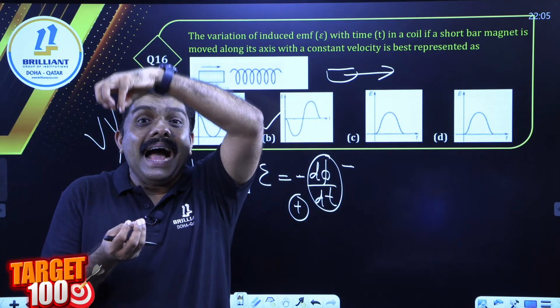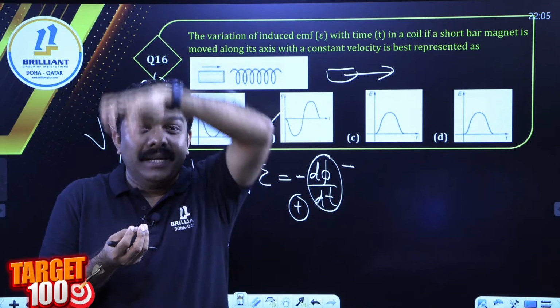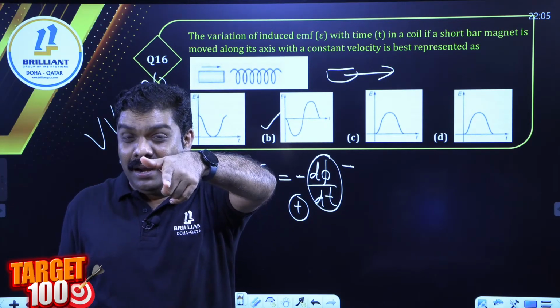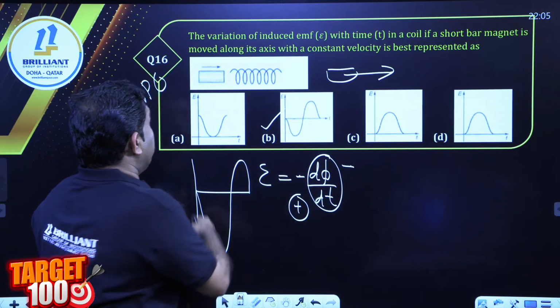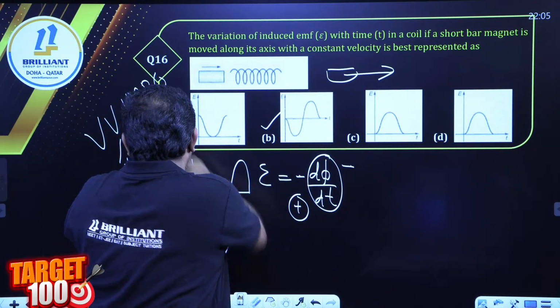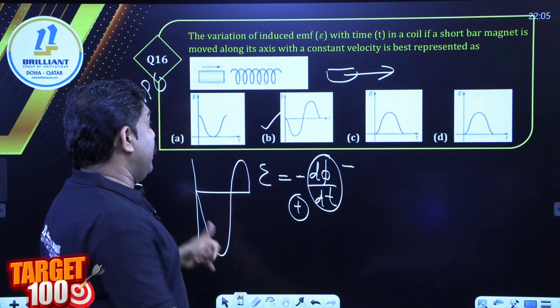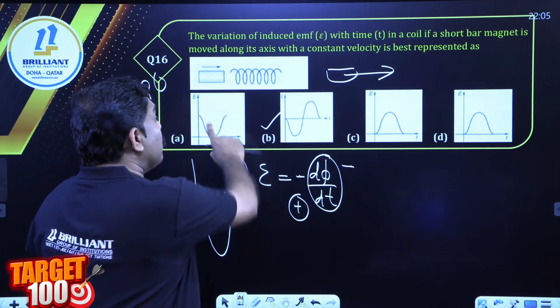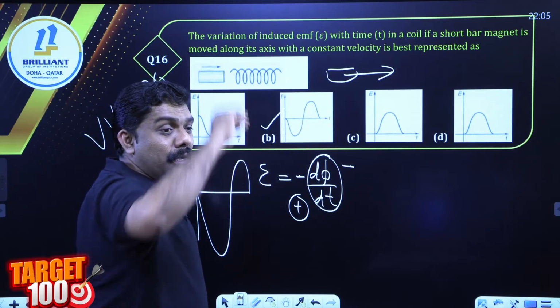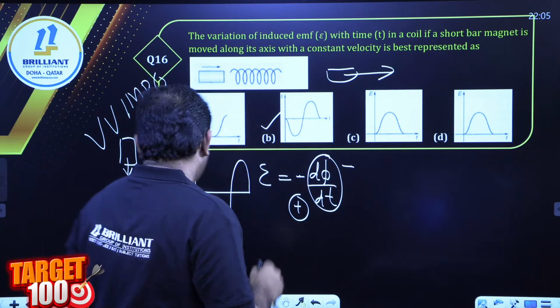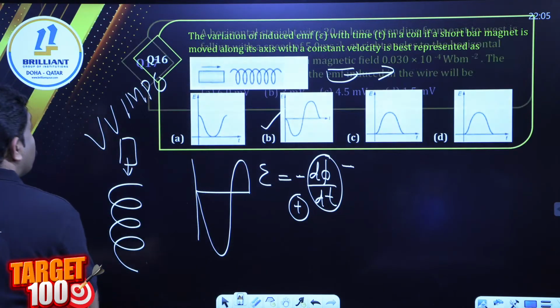So acceleration will be decreasing, speed will be decreasing, motional EMF is BVL. So we can say here, in this picture, the lower end will be more than the upper end. For horizontal motion there is no difference in amplitude, but for vertical there is a difference in amplitude. So that's the point, question 16.